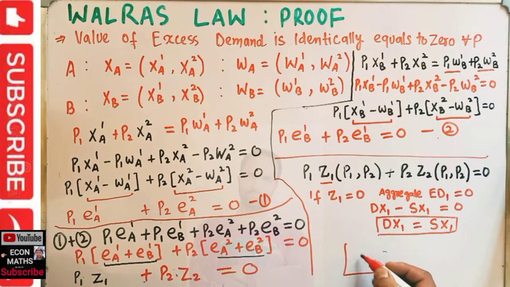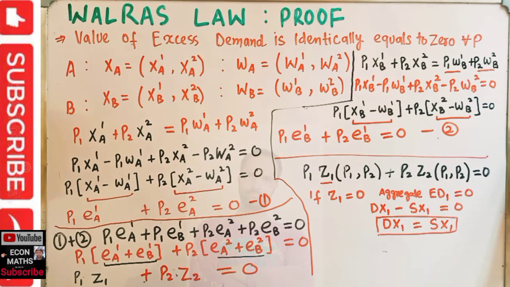The equilibrium condition is that demand is equal to supply. That means our good 1 is being cleared, it is in equilibrium. So when z1 is equal to 0, good 1 is in equilibrium because demand for good 1 is exactly equal to supply of good 1.